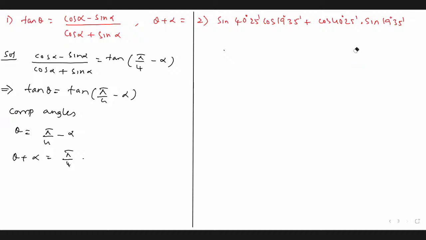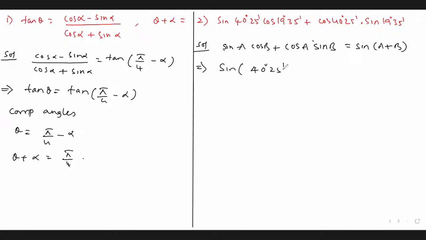First of all, how to do this problem? If you observe this one closely, you are having one formula. I am writing the formula outside of it. Observe, sin A cos B plus cos A sin B, the value is equal to sin of A plus B. So you can write this as sin of A, whose value is 40 degrees 25 minutes, and B value is 19 degrees 35 minutes, right?